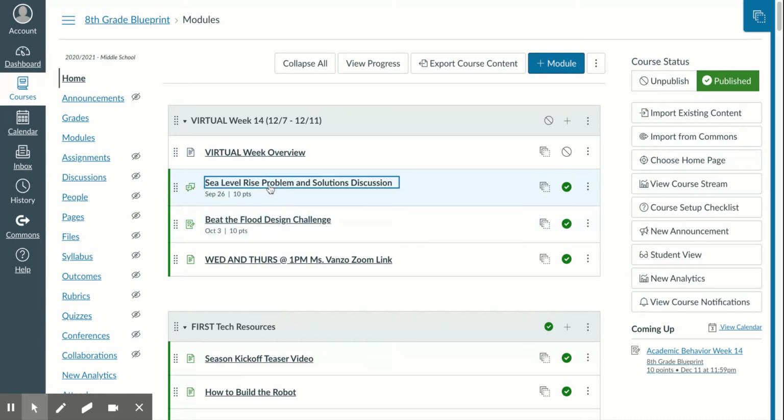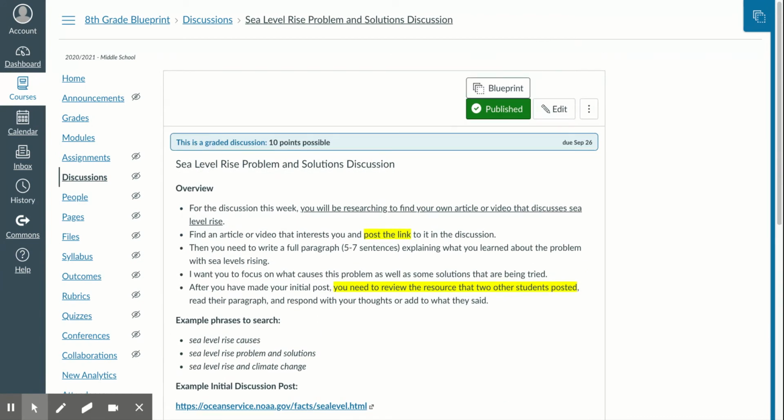So for the discussion, you're going to research about the problem of sea level rise. The sea levels all across the globe are rising as a result of rising temperatures. And what we know about thermal expansion is that when water heats up, it tends to expand.